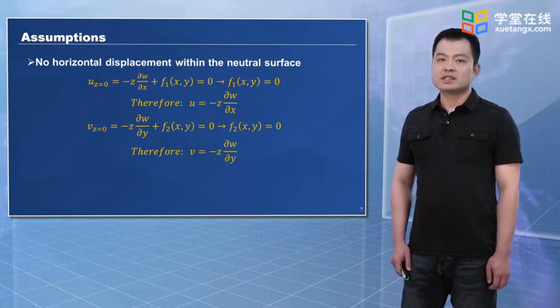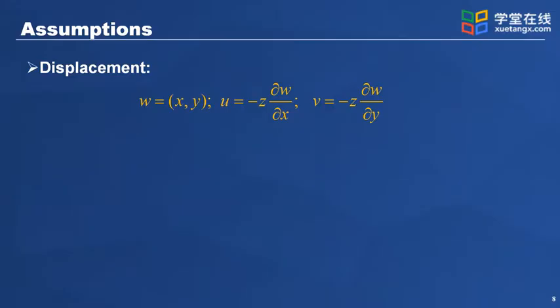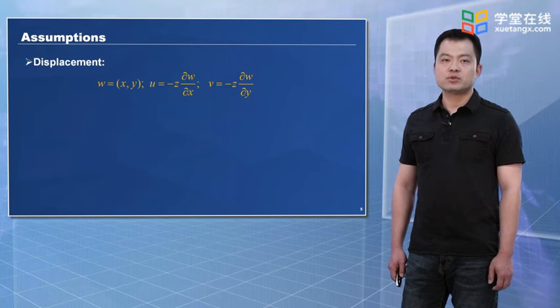Similarly, when z equals 0, v also equals 0. The function of v can also be simplified. So it's not that hard, right? Now we have simplified functions of displacement in 3 directions: w, u, and v.